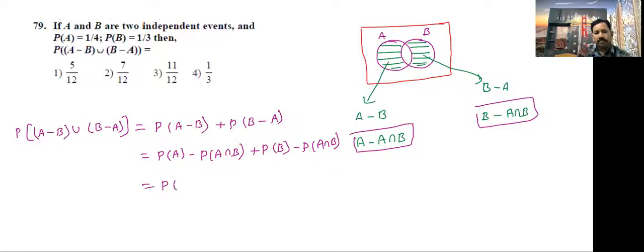Here P of A plus P of B minus 2 times P of A intersection B.